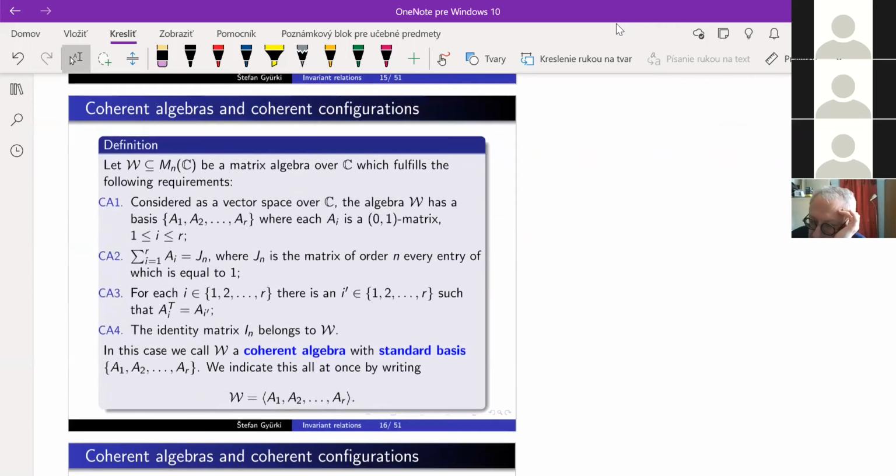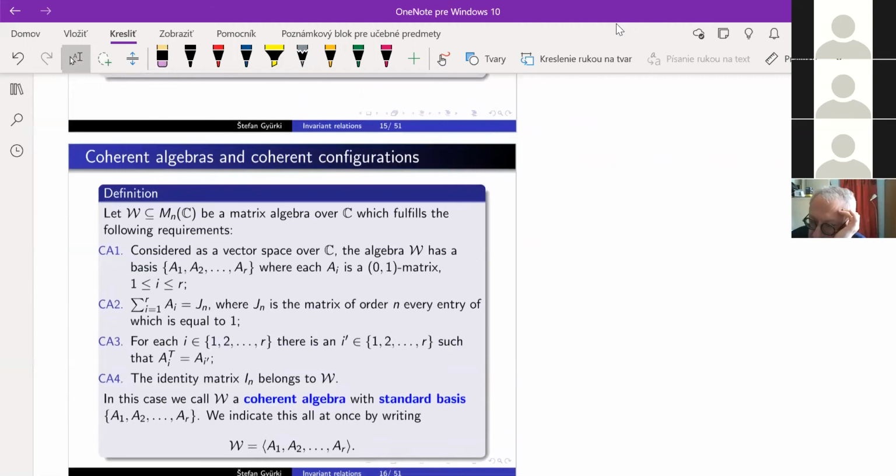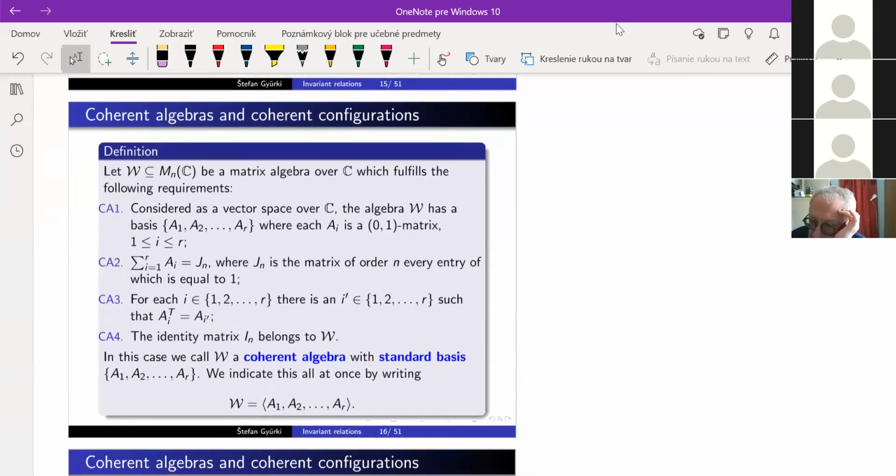Okay, so these are centralizer algebras and structure constants. One can now ask the question: I obtained a nice algebraic structure from a permutation group, but what if I forget about the permutation groups and just ask that similar properties are required from a matrix algebra?